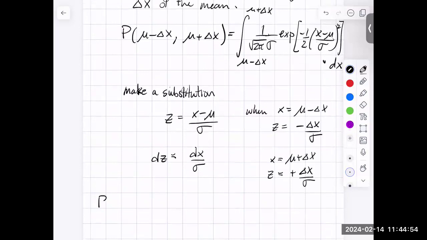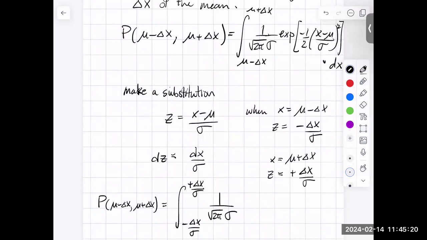So P(mu minus delta x to mu plus delta x) is equal to the integral. Okay, so it's going to be minus delta x over sigma to plus delta x over sigma. We're going to have 1 over root 2 pi sigma. That doesn't change.